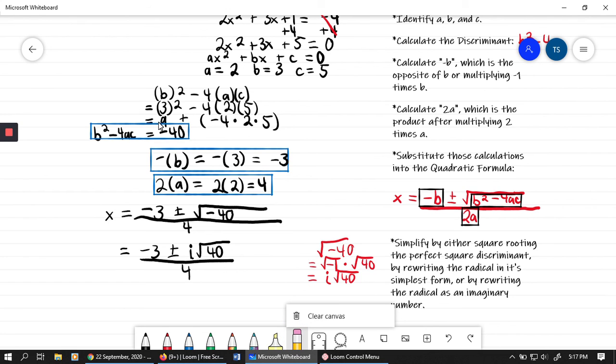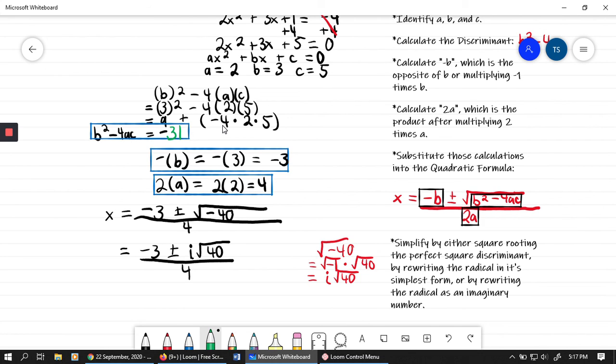All right, so here, the discriminant. This discriminant was 9. It's supposed to be 9 minus 40, but what I wrote there was just minus 40. So our discriminant is 9 minus 40, which is negative 31. So I am changing this because it's supposed to be negative 31, right?